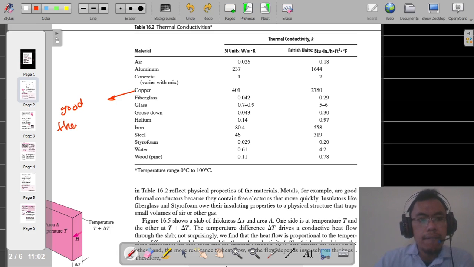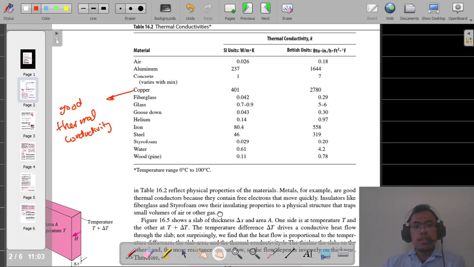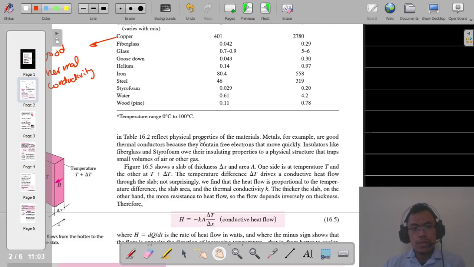Meanwhile, styrofoam, air, water, and wood are considered bad thermal conductivity materials. Okay, so let's continue.